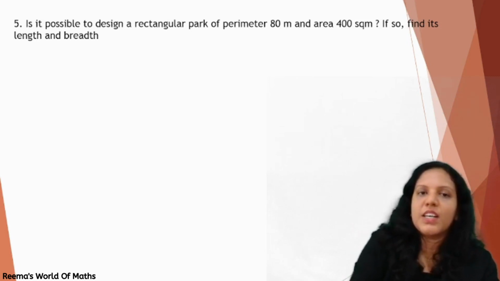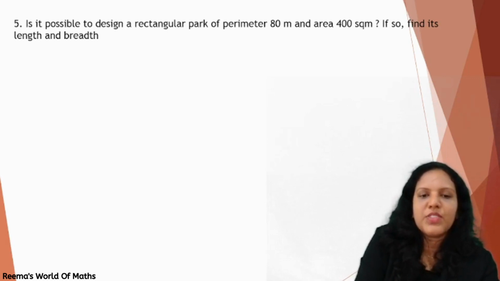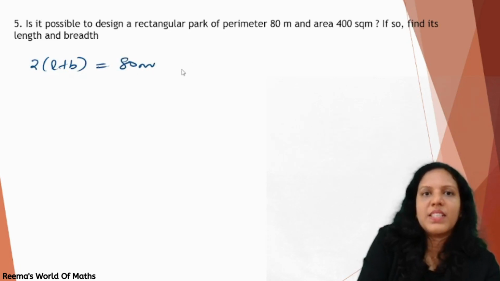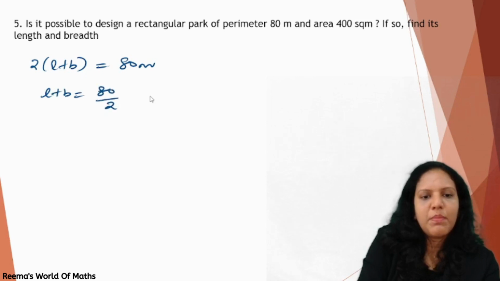So let's see what is the value of the discriminant. Here we are given the perimeter is 80 meters. The perimeter of a rectangle is 2 times (L plus B), which is equal to 80 meters. Let's consider length is L and breadth is B. So we can write length plus breadth equals 80 by 2, L plus B equals 40.